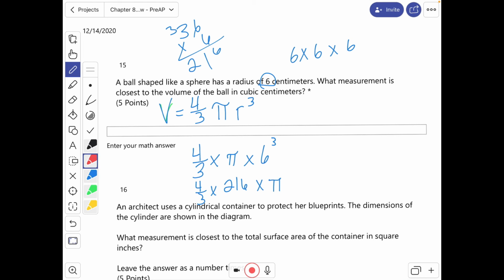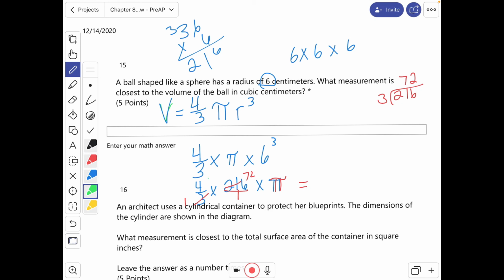216 times pi. And I'm just going to leave pi alone. We're going to keep that symbol. What I need to do is work 216 times 4/3. 216 and 3 will simplify. 3 divided by 3 is 1, and 216 divided by 3 would be 72.